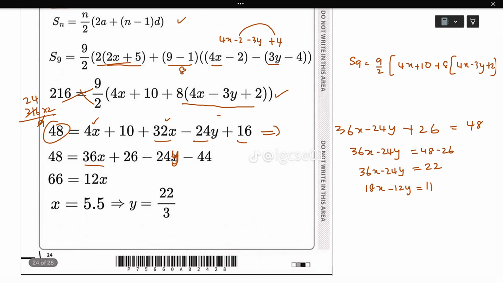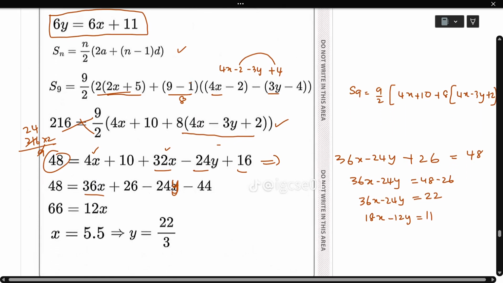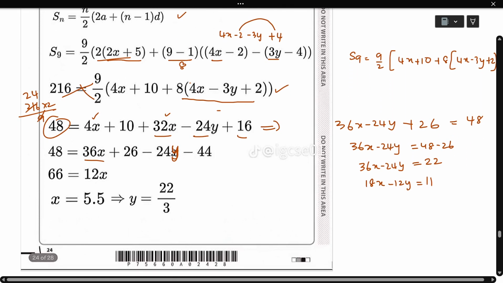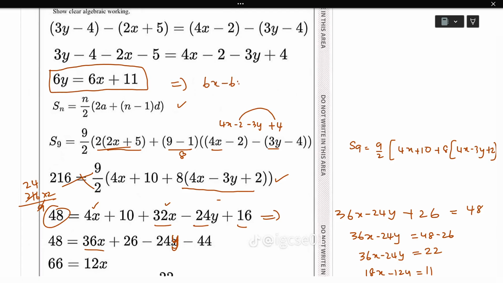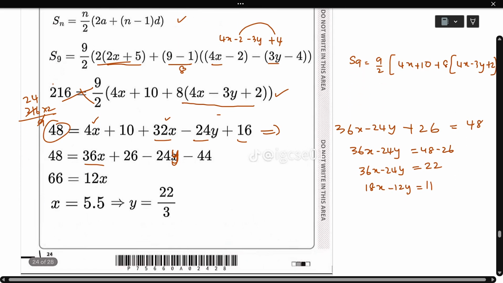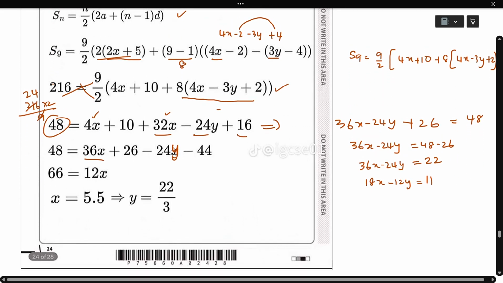Okay, so we are going to use simultaneous equations. So 6y plus 6x equal to 11. I can change this equation. I'll bring this 11 to the other side, so 6x minus 6y equal to negative 11. Same thing here, 6x minus 6y equal to negative 11.